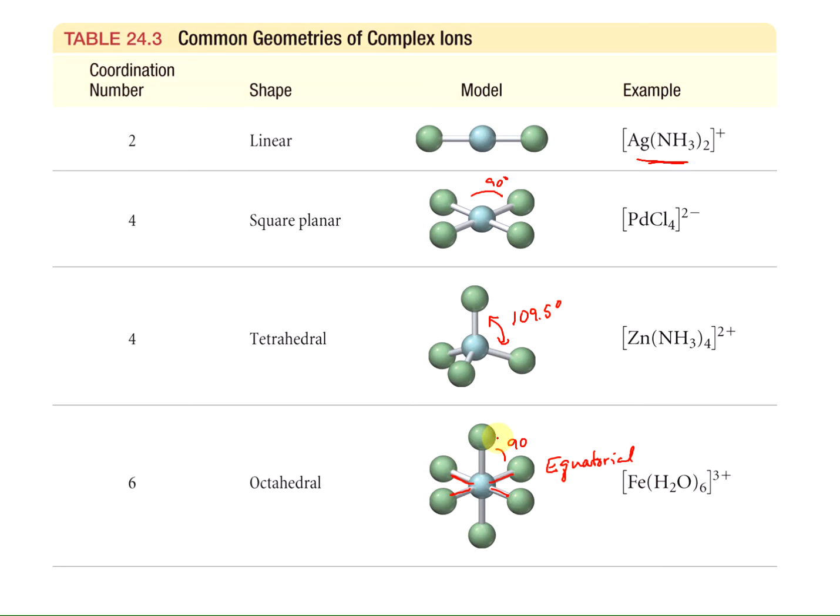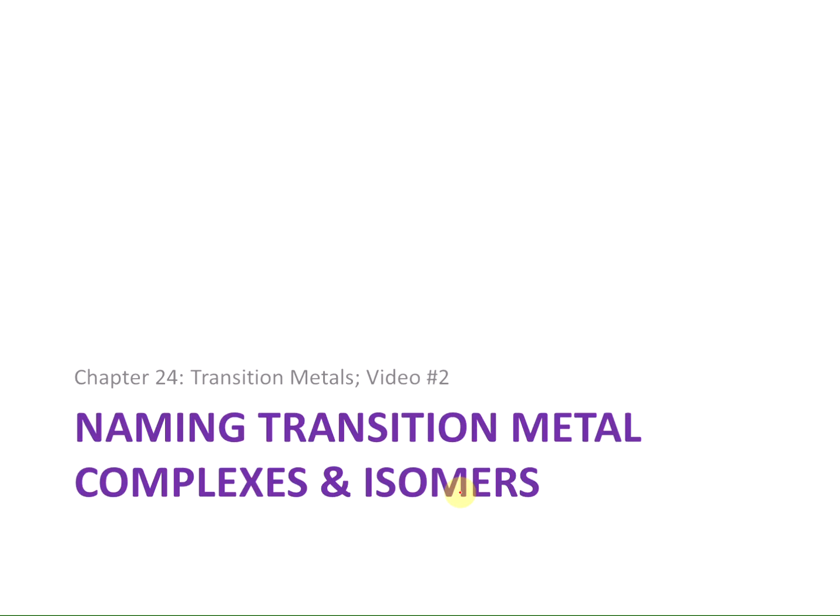And the ligands here at the top and the bottom, these are what we call our axial ligands because they're on the axis. So these are 180 from each other. These are 180 from each other, and these are 180 from each other. And the rest of these angles are 90 degrees. So that ends the information for video 1.